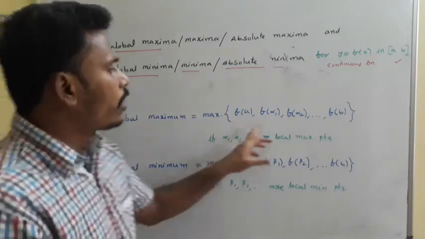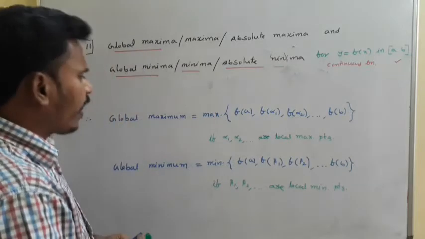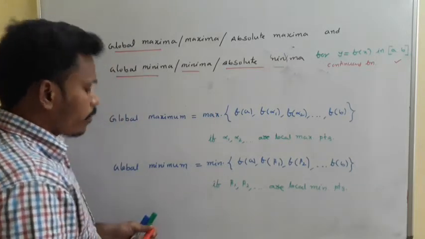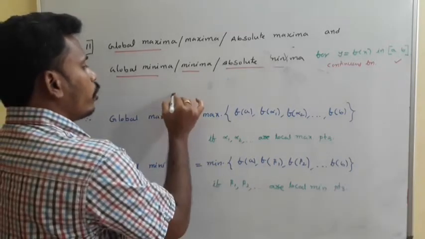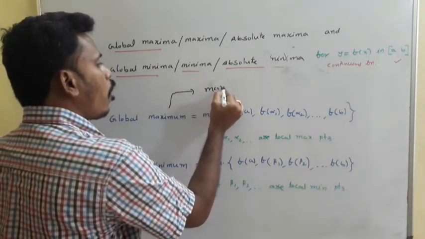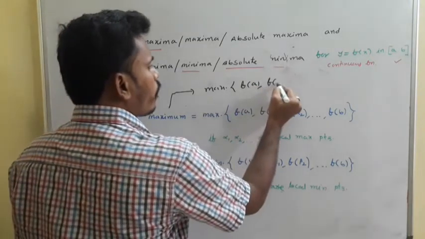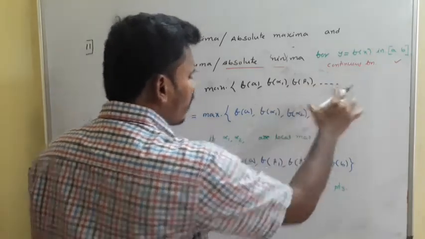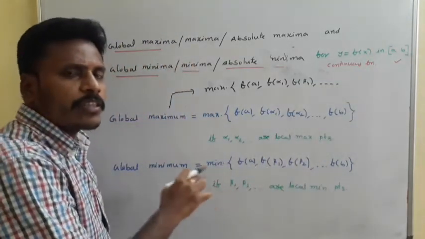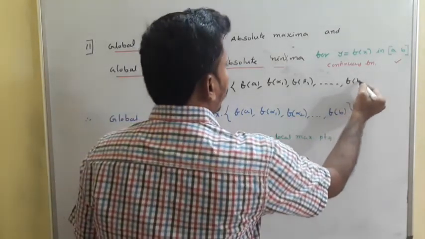See, all these are local maxima points, all these are local minima points. In another way, this global maximum is equal to maximum of f of a, f of alpha 1, f of beta 1. You just consider the functional values of all critical points and f of a, f of b.